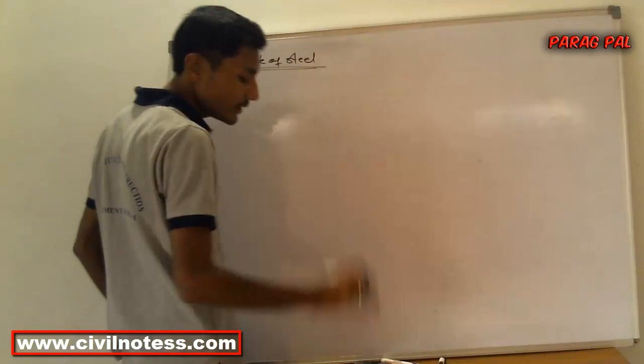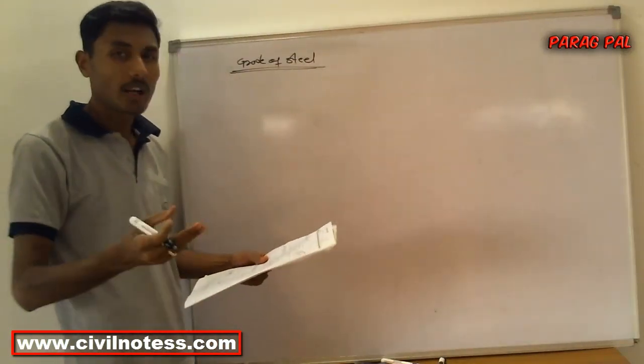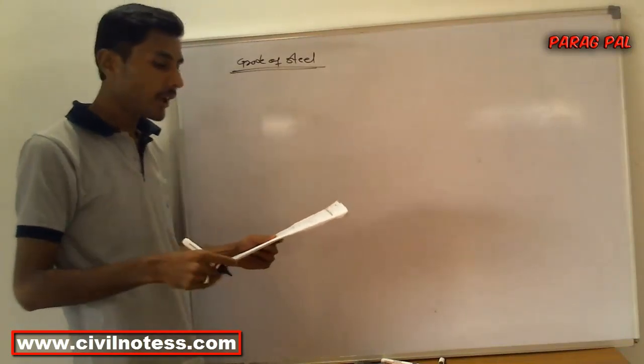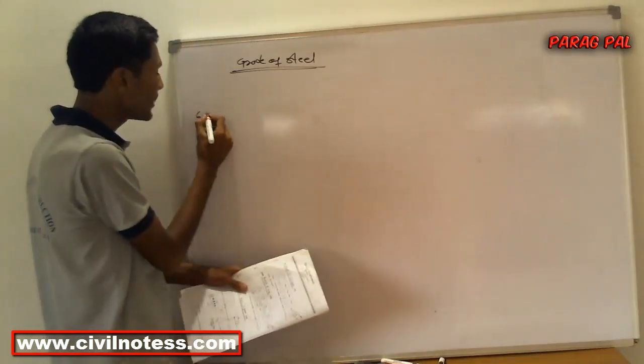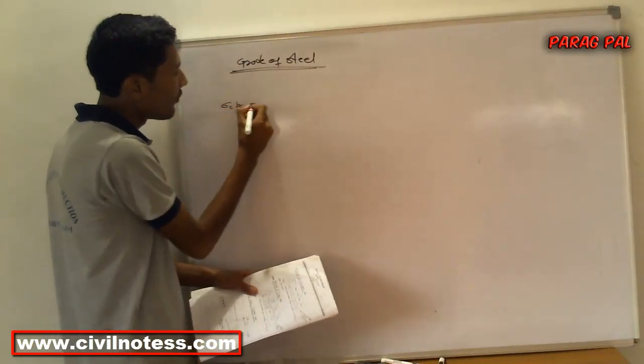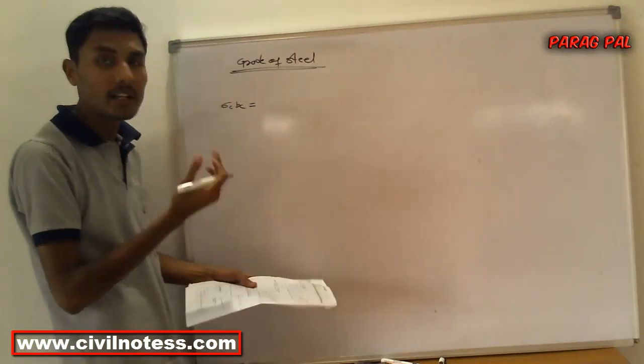For the different grades of steel, the permissible stresses are also given differently. Sigma CBC is the permissible stress in concrete in bending compression.